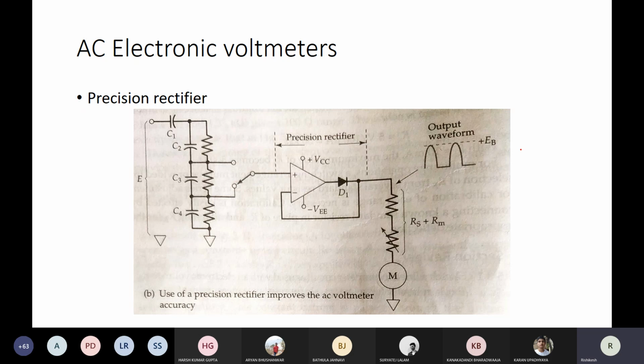Again, we use the fact that V plus is equal to V minus. V plus is EB. So what will be the output voltage here? Plus EB and minus EB, right? Am I right or wrong? Yes sir. No, it is not correct. Why?